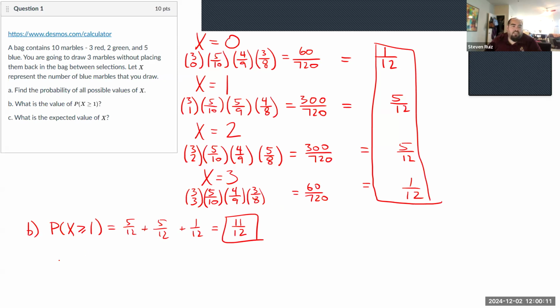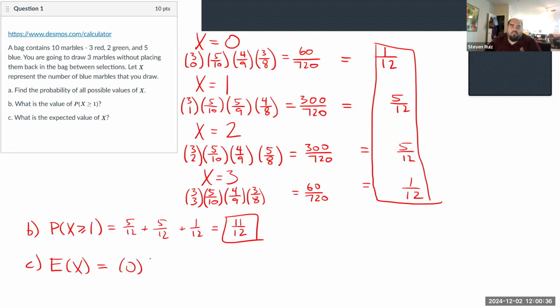And then finally, what's the expected value of x? So this is where that weighted probability or that weighted average comes from. The sum of all the x's times the probability of x.